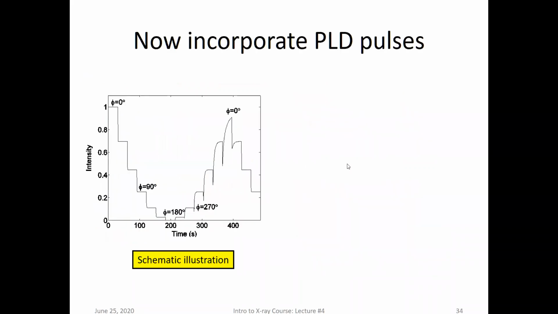That assumed very smooth growth. With pulsed laser deposition, we don't have smooth growth. You actually come in with a pulse that lasts a few microseconds, but they come only about one pulse every 5 seconds.